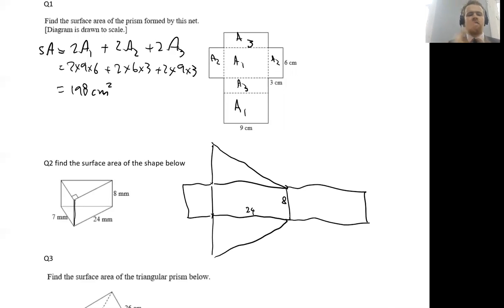Okay, so you just got to check that that all folds up, and then we're going to put any other information that we know. We know that this is going to be 7 millimeters long, and so is this height here. That's going to be 7. That's going to be 7.